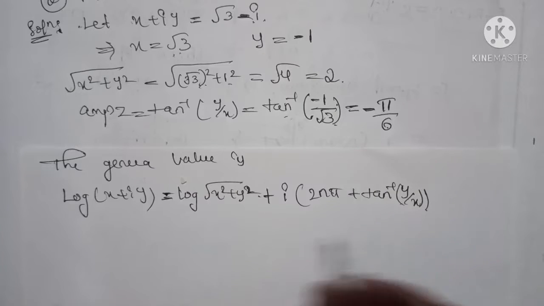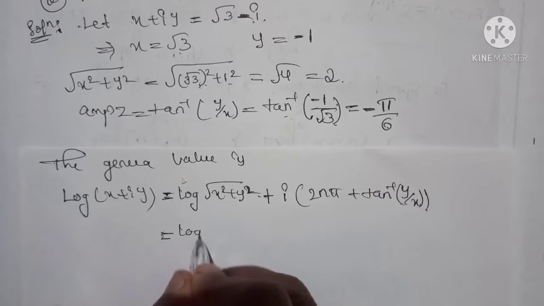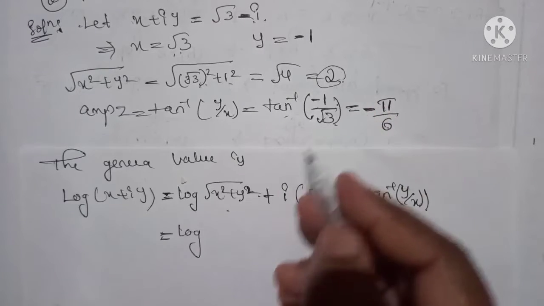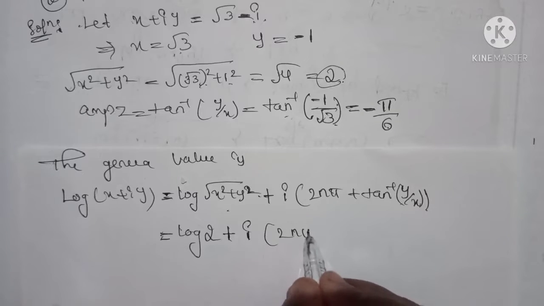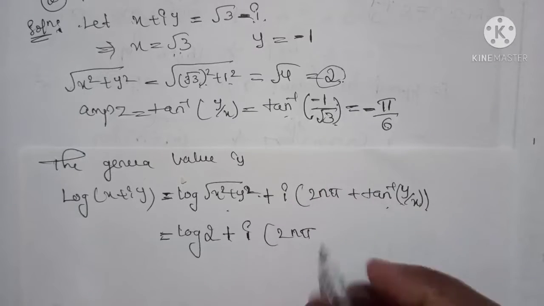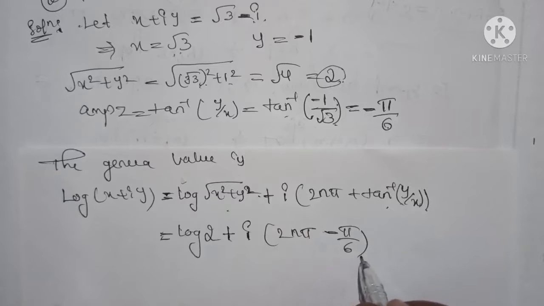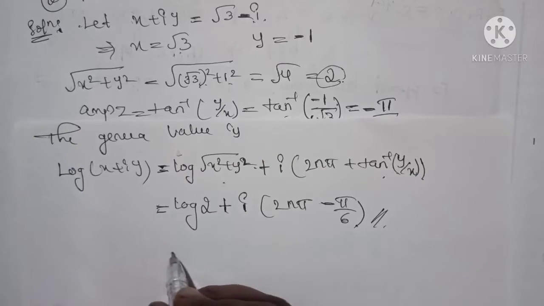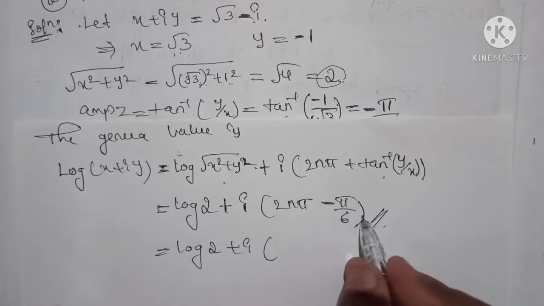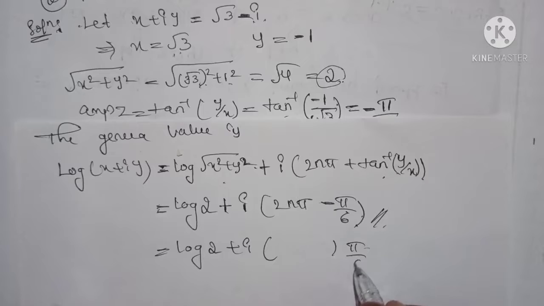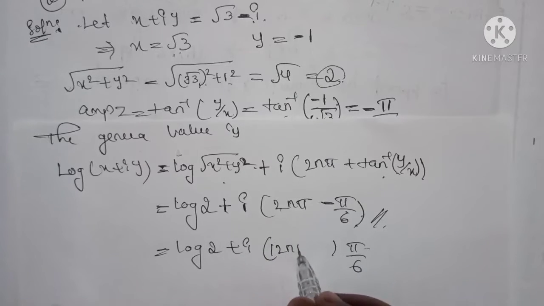Now log of square root of x square plus y square is log of 2, so log of 2 plus i times 2n pi, and tan inverse of y by x is minus pi by 6. So this is the general value, or it may be represented, if I take this pi by 6 outside, as log 2 plus i pi by 6 times 12n minus 1.